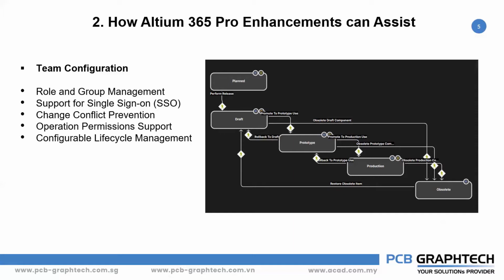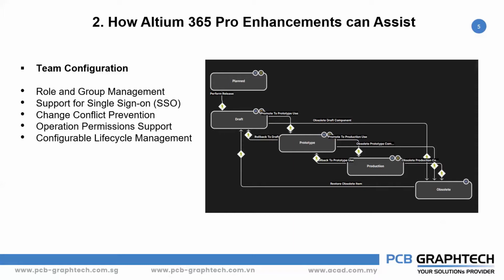Then next is change conflict prevention. When you talk about change conflict prevention, you are working on a team project. So what happens? You will be designing some schematic sheets, and your colleague will be designing the PCB or something like that.